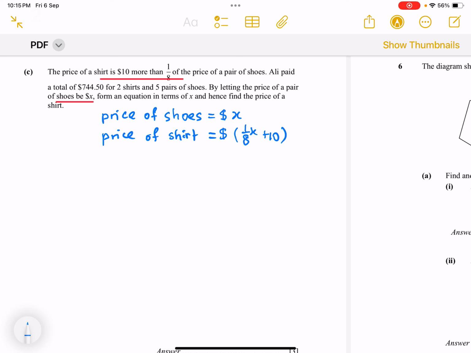And then we have 2 shirts and 5 pairs of shoes. So 2 shirts is 2 times this, 2 shirts and 5 pairs of shoes. This gives us a total of $744.50.